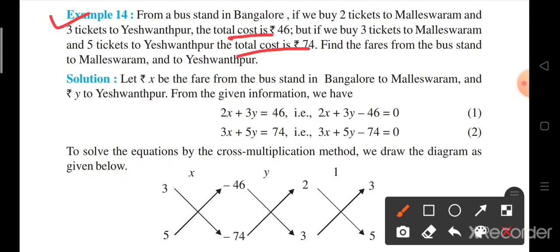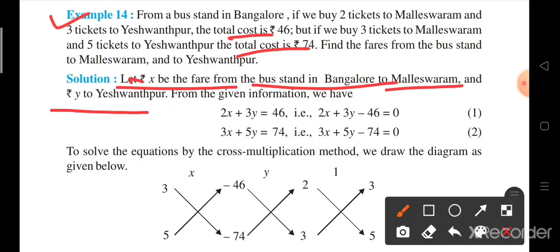Find the fares from the bus stand to Malleshwaram and to Yashwantpuram. Let x be the fare from the bus stand in Bangalore to Malleshwaram, and y the fare to Yashwantpuram.